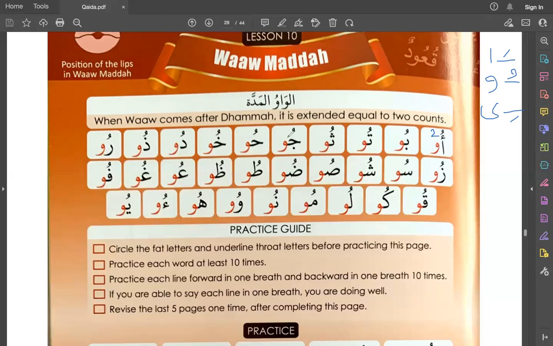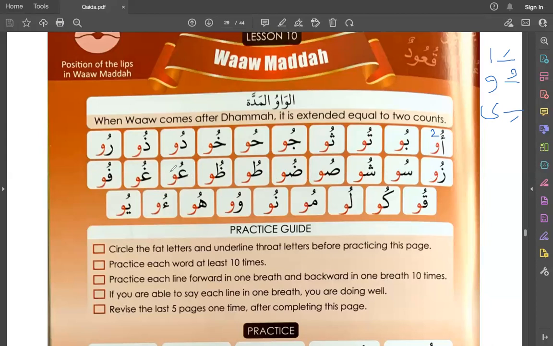Fu, ju, hu. Make sure the letters which are heavy, you should make them heavy. Hu, do, ru, zu, su, shu, du.